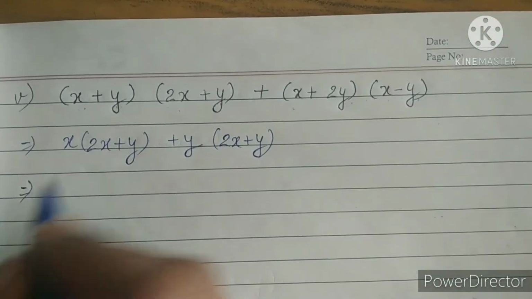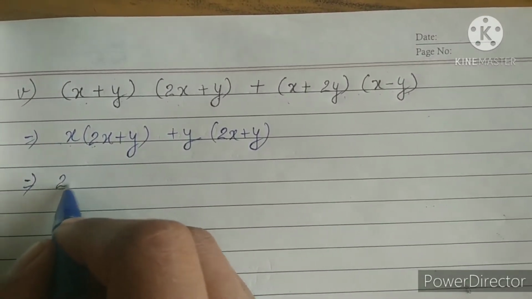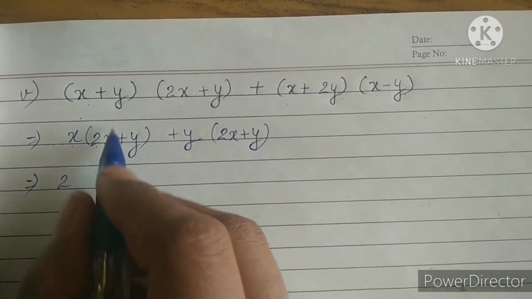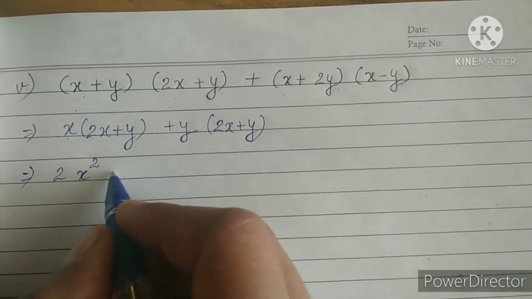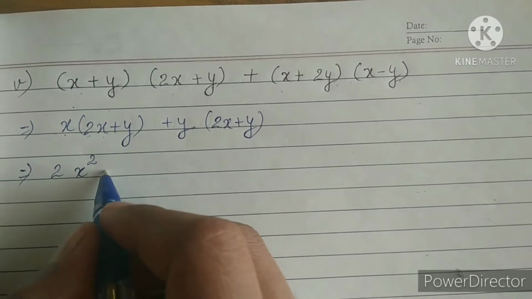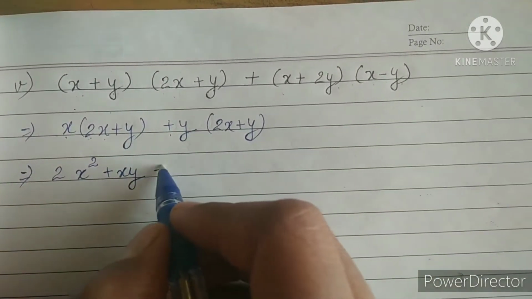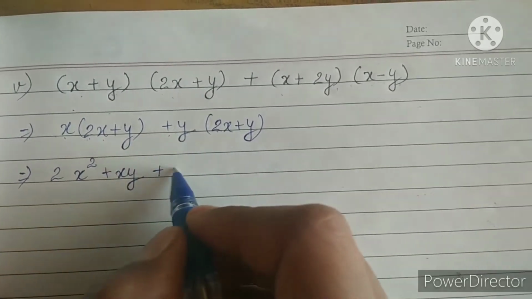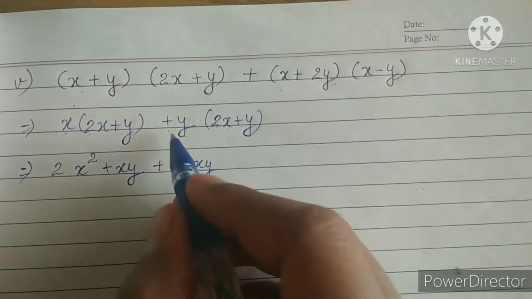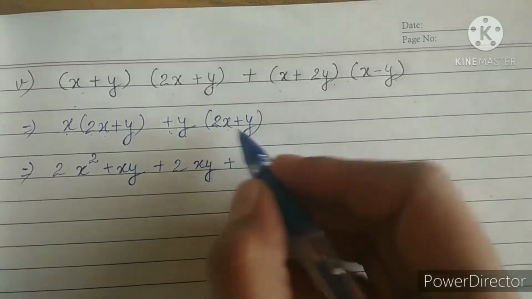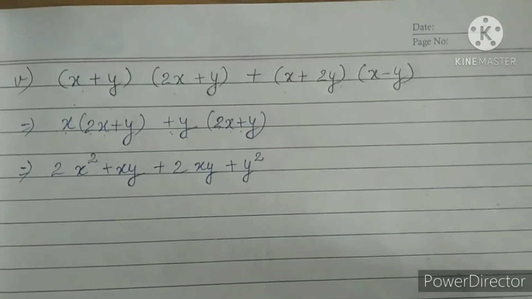Now x into 2x, so 1 into 2 is 2, x to power 1, x to power 1, so it will give us x to power 2, x into y is xy, plus plus is plus, 1 into 2 is 2, y into x is xy, plus into plus is plus, y into y is y square.